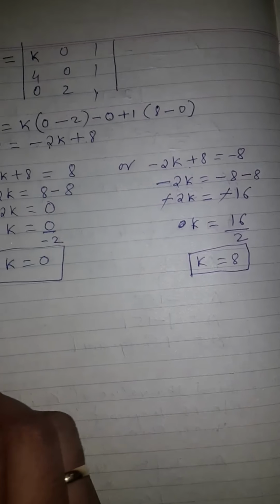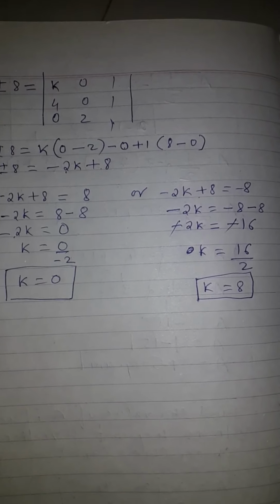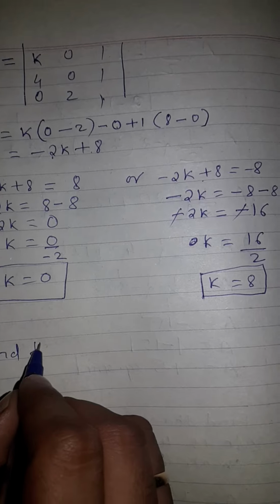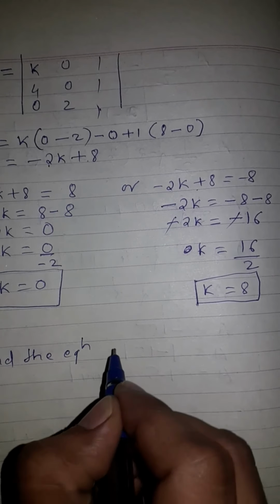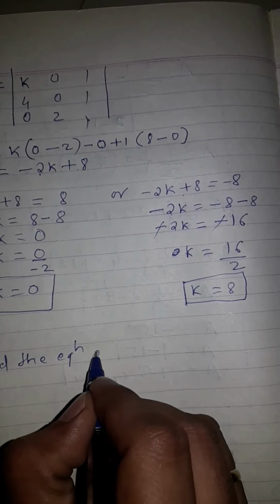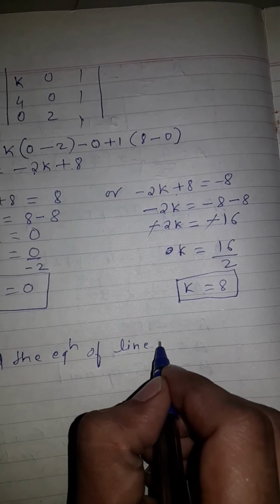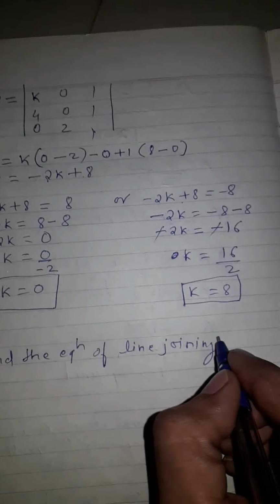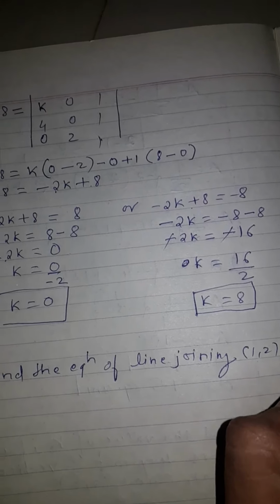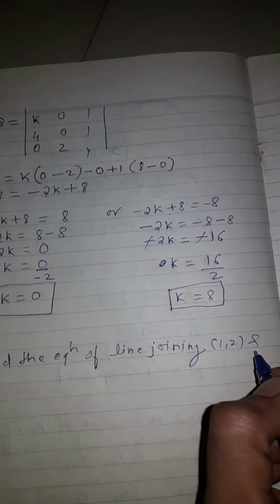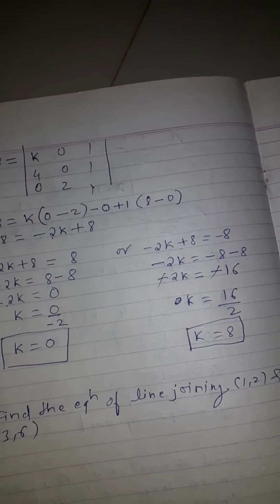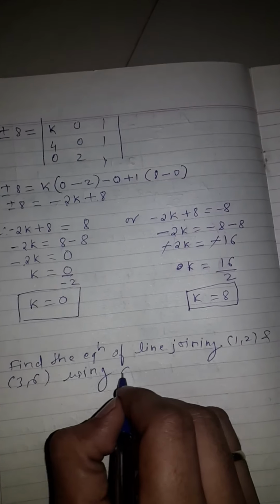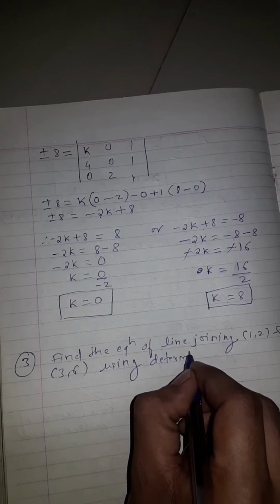Now next, the third type of problem. I hope you are understanding this. The third type: find the equation of line joining 1 2 and 3 6 using determinant.